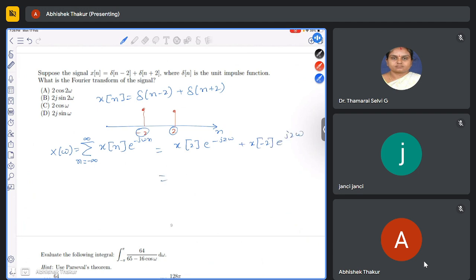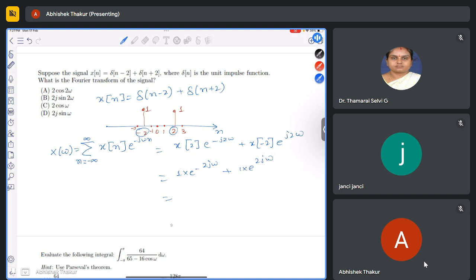Understood up to this step? For all n the value is 0. For 0, for 1, for minus 1, for 3, for all these the value is 0, and for n is equal to 2 and minus 2 the value is 1. So this will become 1 into e to the power of minus 2j omega plus 1 into e to the power of 2j omega.